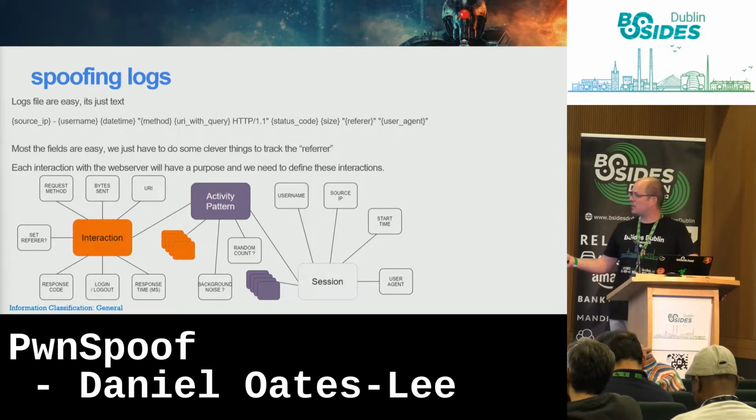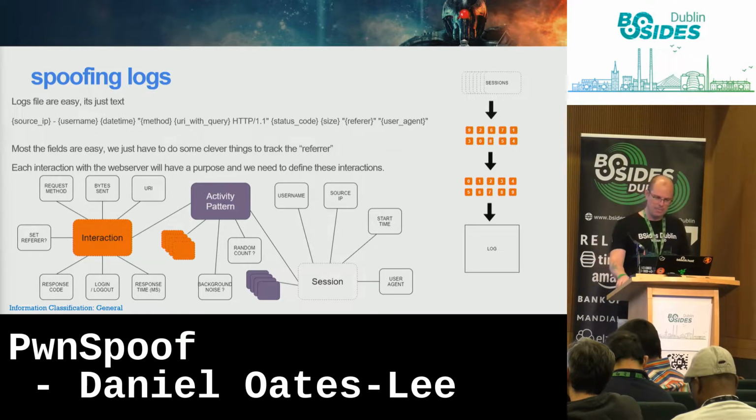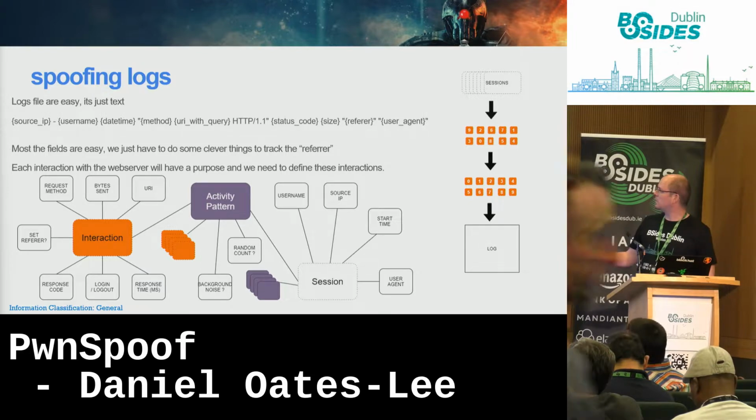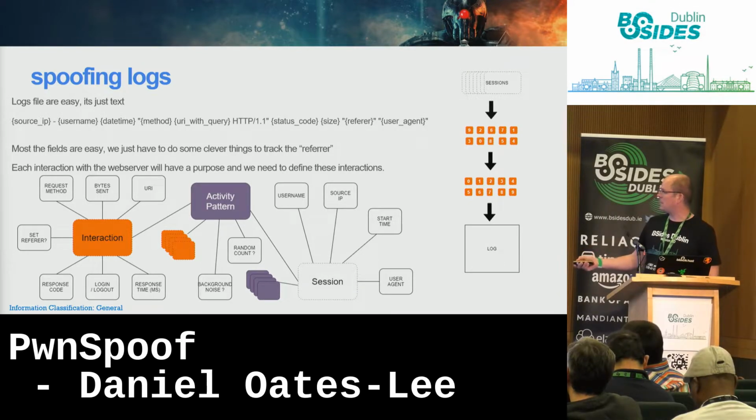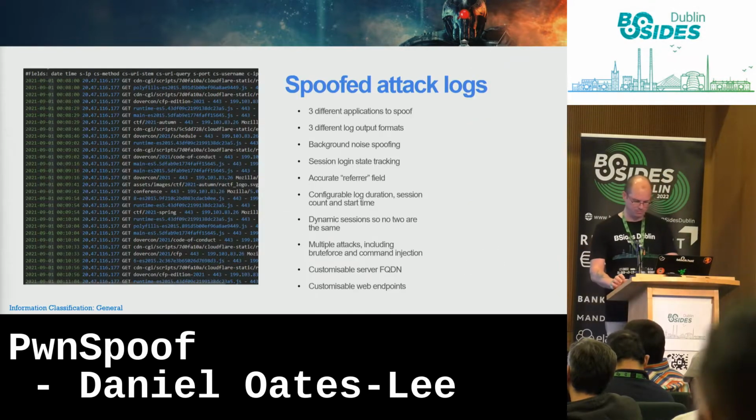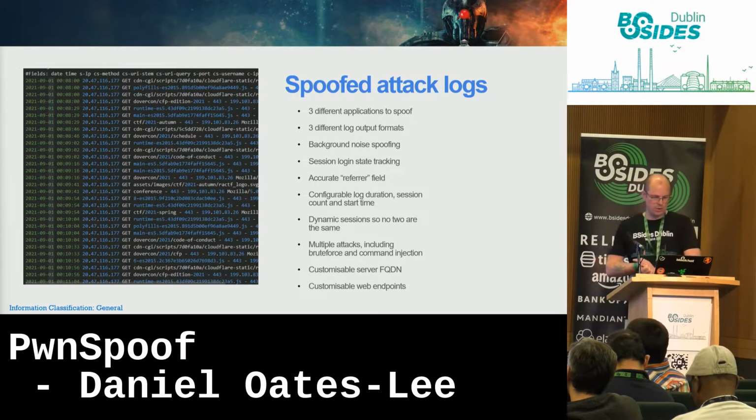So to try and make the pattern of life here, this little bit of artificial intelligence-y bit, as realistic as possible, what happens is we'll create the sessions, and then we sort the sessions and then output the information into a log file.